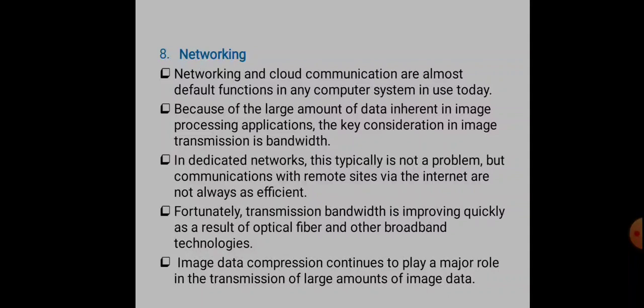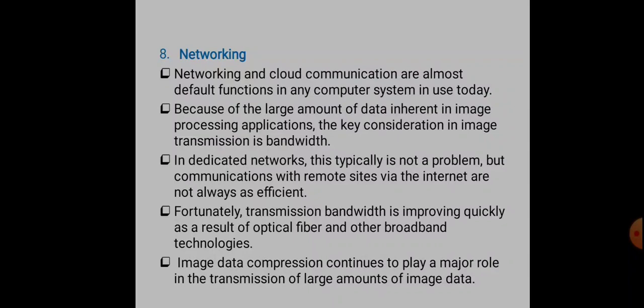Image data compression continues to play a major role in the transmission of large amounts of image data. If the data is more, it requires a longer time to transmit. For example, 1 megabyte is required to store an image, and sending the image also requires 1 megabyte.